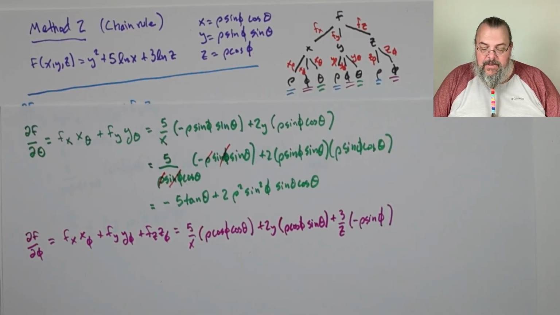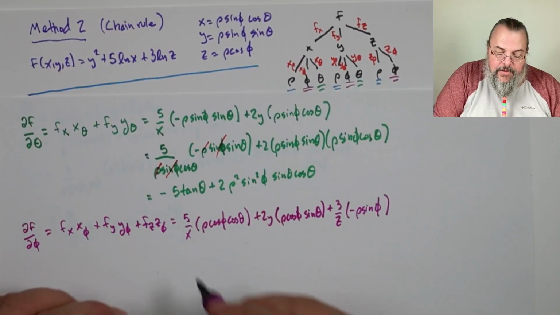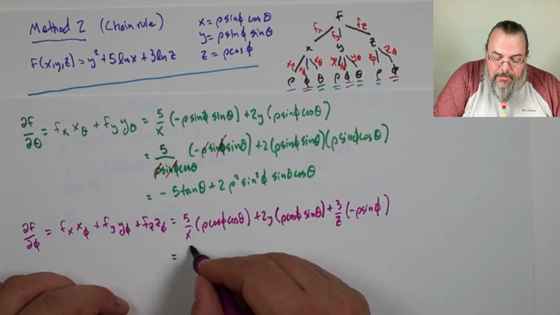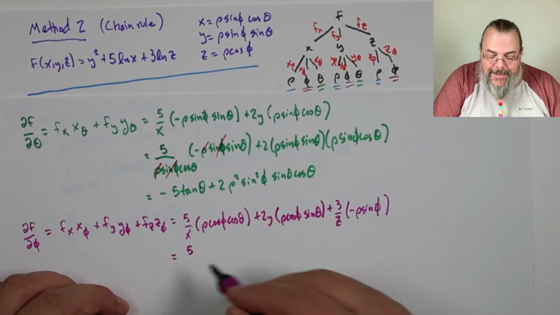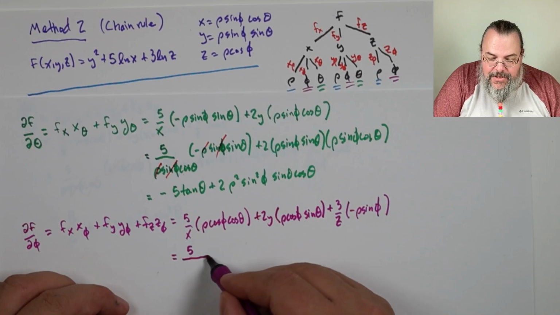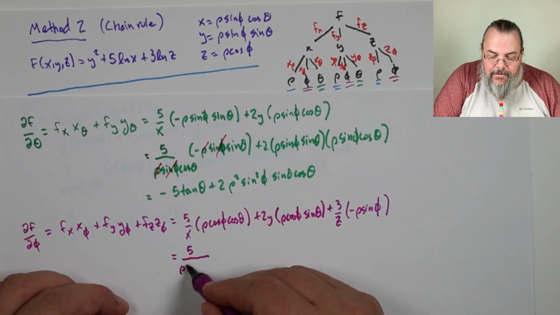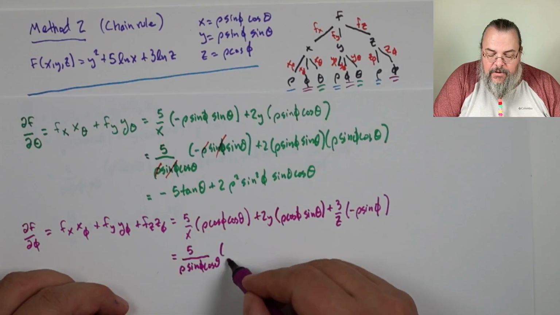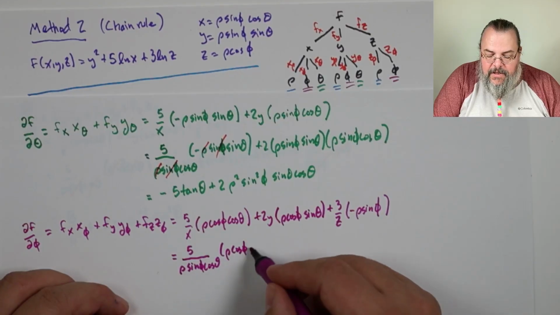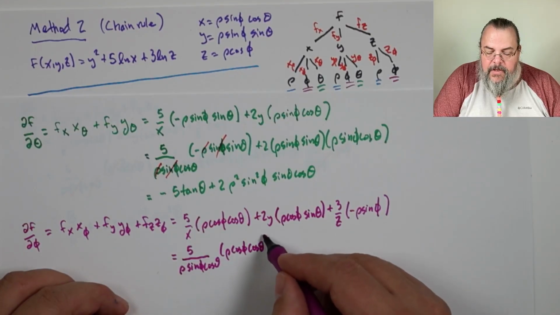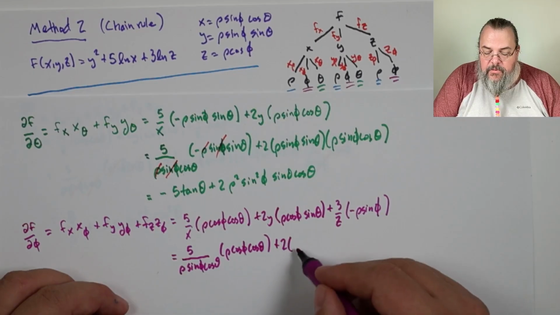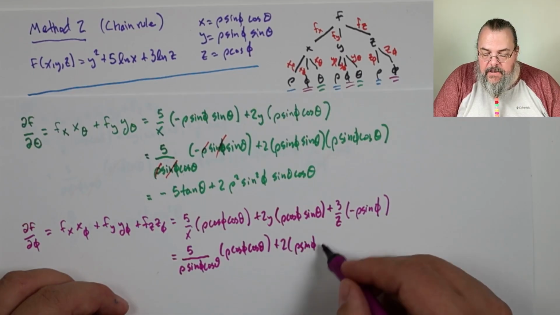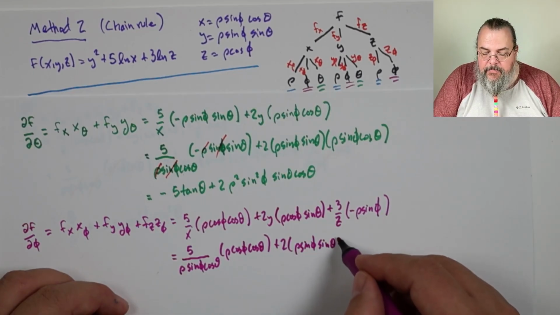All right. So this becomes, we have to put everything in terms of rho, phi, theta. That was the instructions. 5 over rho sine phi cosine theta, times rho cosine phi cosine theta, plus 2 rho sine phi sine theta.